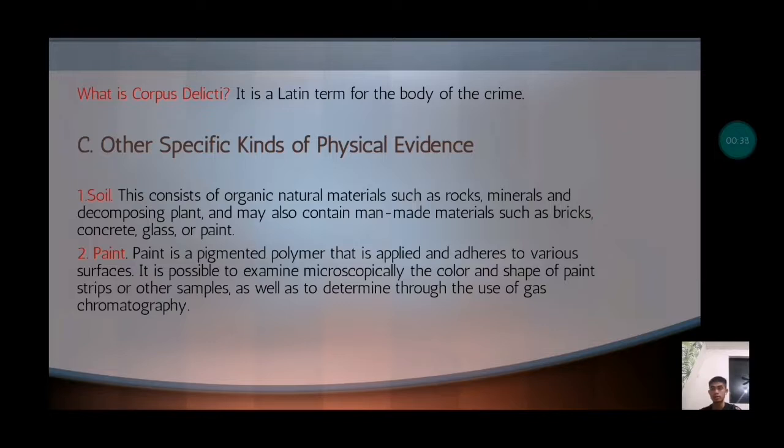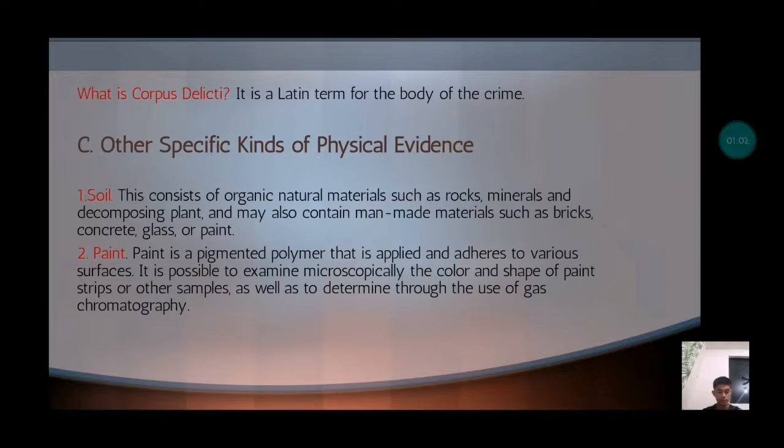So next is C, other specific kinds of physical evidence. Number one is soil. This consists of organic natural materials such as rocks, minerals, and decomposing plants, and may also contain man-made materials such as bricks, concrete, glass, or paint.